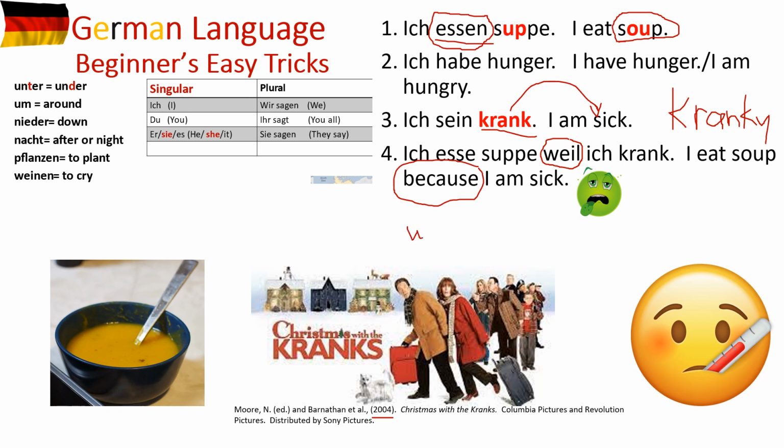So you have weil in German, but guess what? You have this while in English. So it means because, or in addition, or how something happened while.